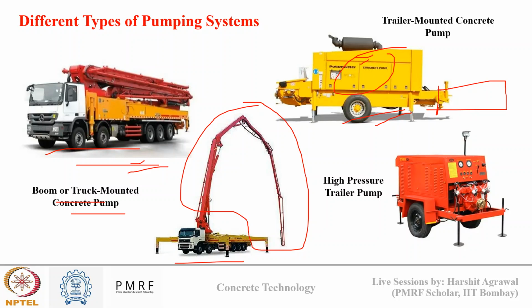It generates the pressure with which I want to force my concrete to move inside the pipe. This again is a high pressure trailer pump, just like a regular trailer pump, but it has extra power to push concrete to a higher distance. So based on the pressure limit, my pump can also vary.